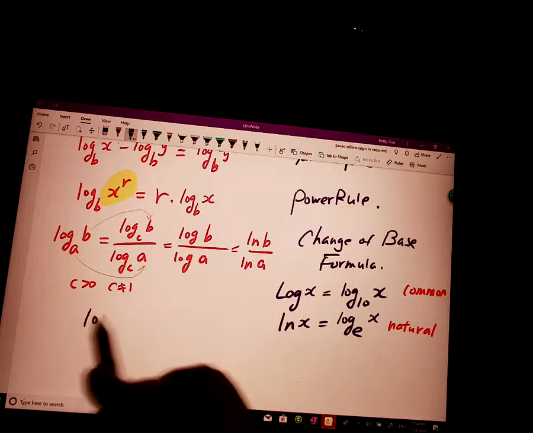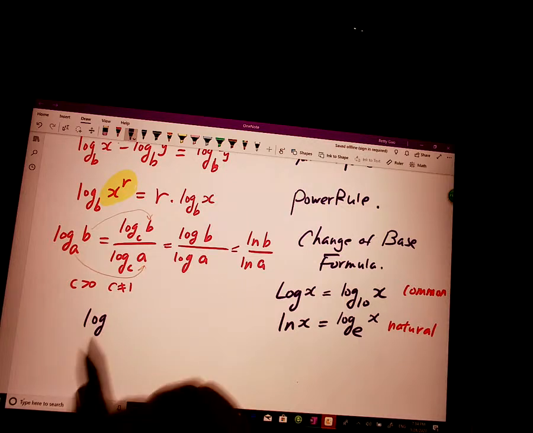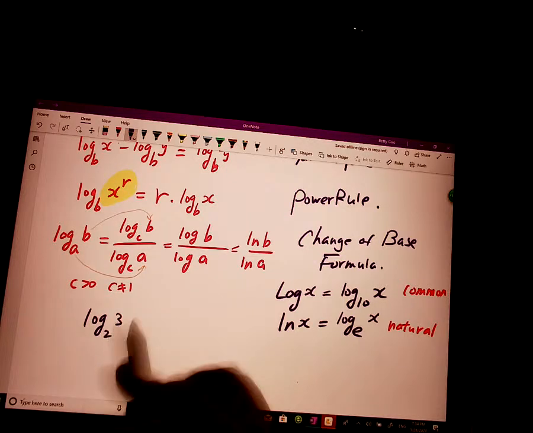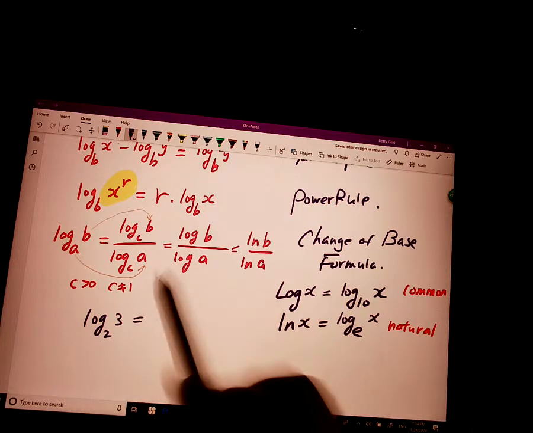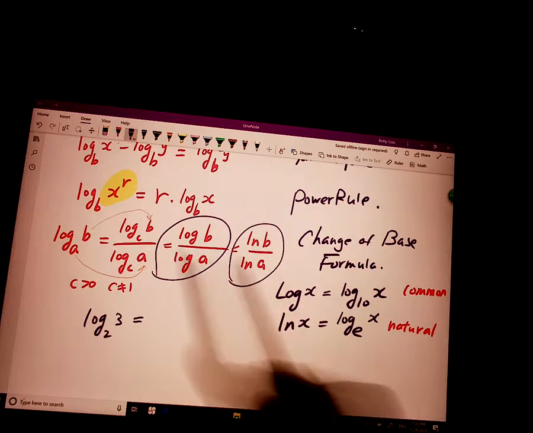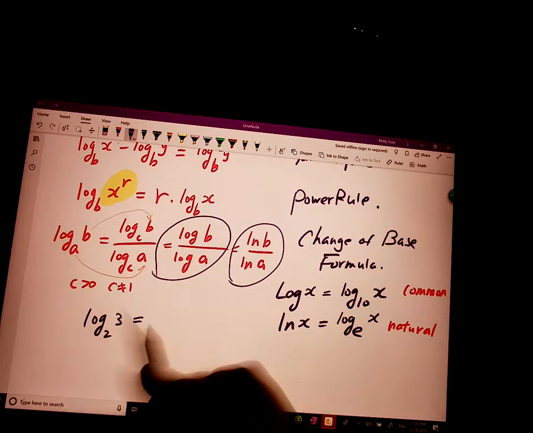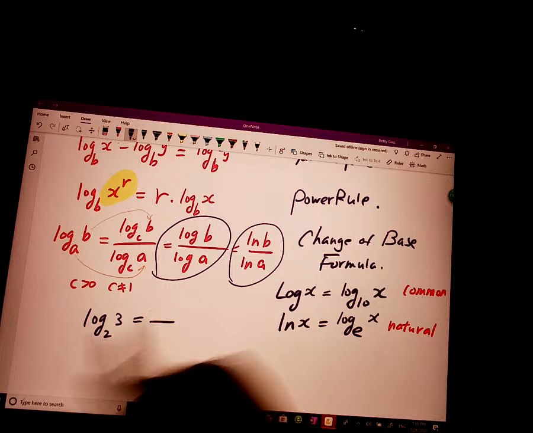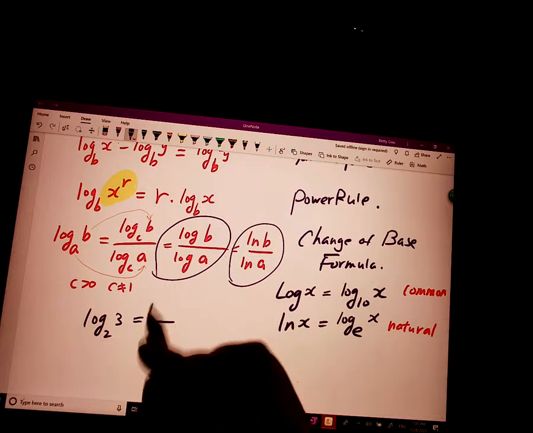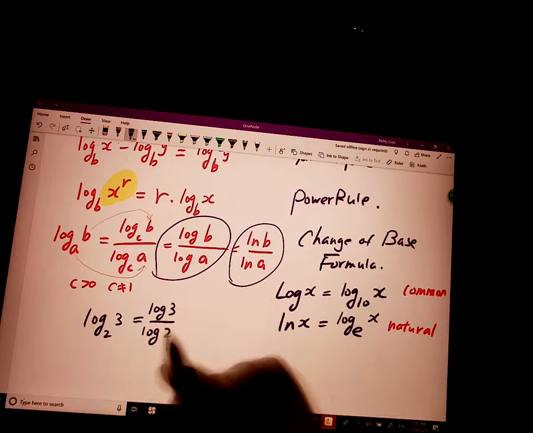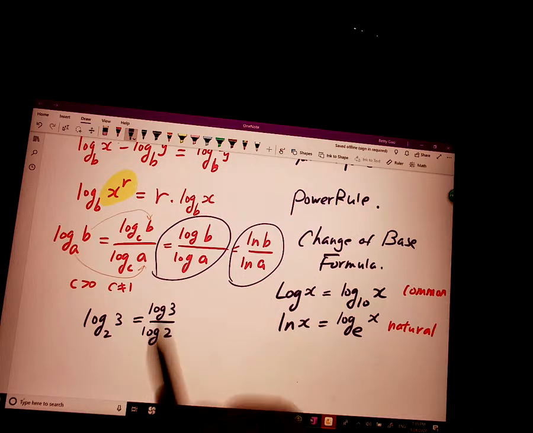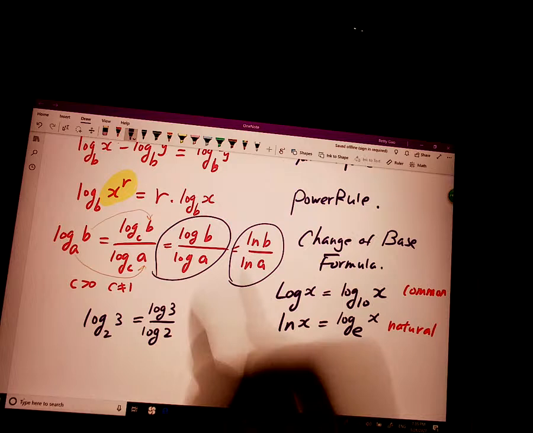For example, if you need to evaluate the log with base 2 of 3, the example we mentioned earlier, how can you do that? You have 2 options. If you like a common logarithm, you can rewrite this expression as common logarithm of 3 over common logarithm of 2, and use your calculator to find the value.